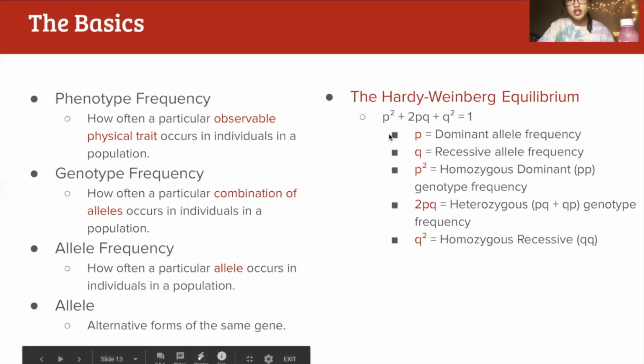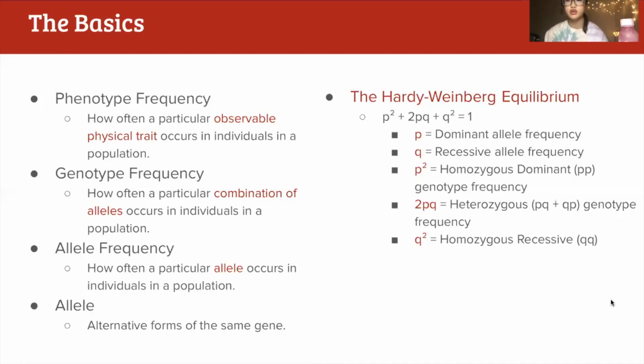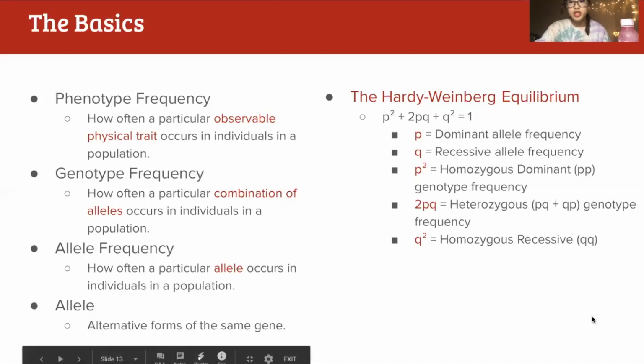If you look at it here, p squared, 2pq, and q squared are probability values. So p squared is homozygous dominant, so that's p times p. So dominant times dominant: the chance that you'll have a dominant times the chance that you have another dominant. Again, 2pq, heterozygous, so pq plus qp.